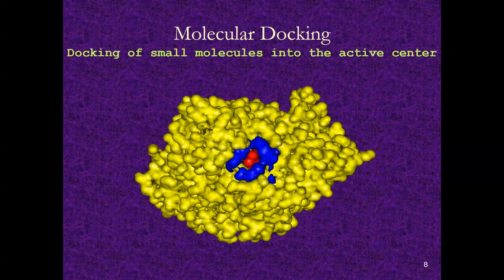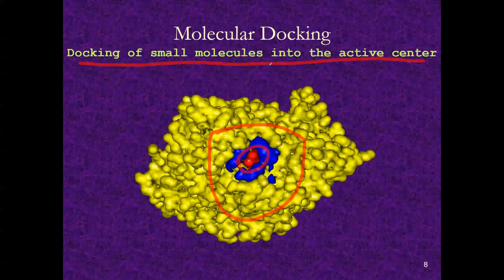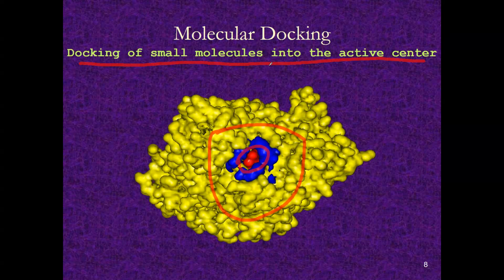And the red color is the compound which is docked into the active center of this protein molecule by using molecular docking techniques. We wanted to see whether this red color compound is able to bind preferably with the molecule at the active center of this molecule or not.